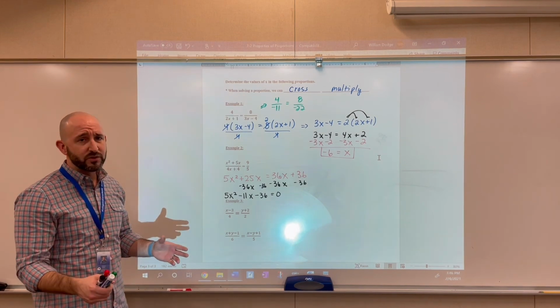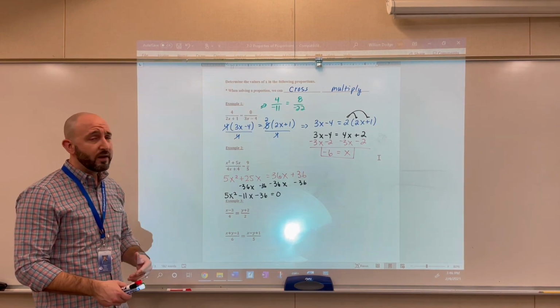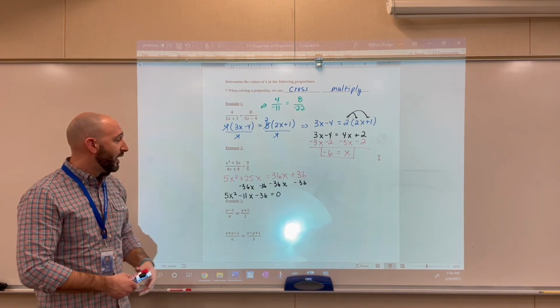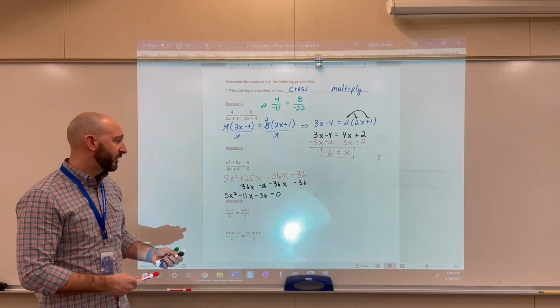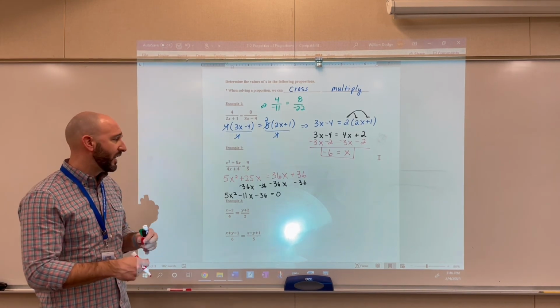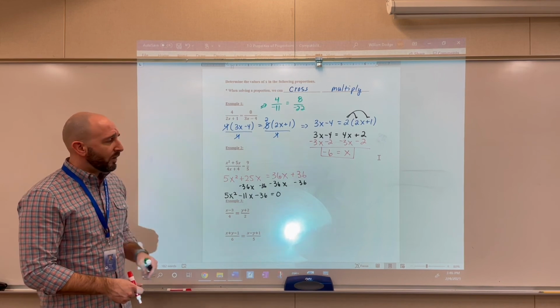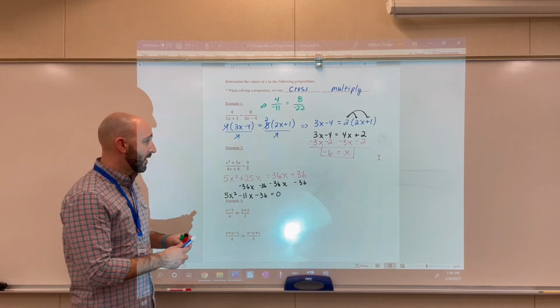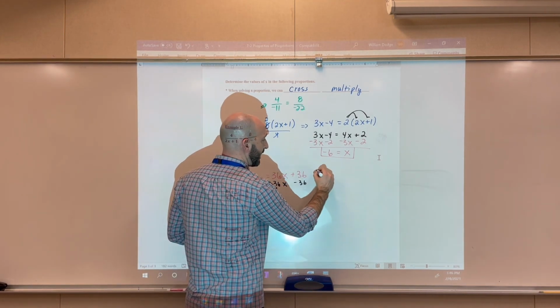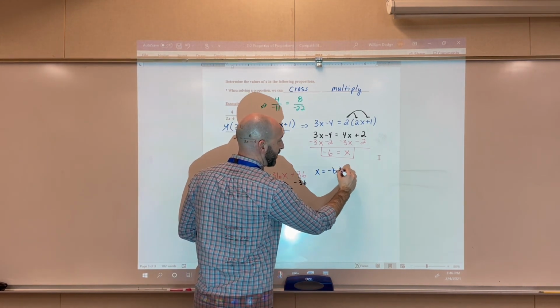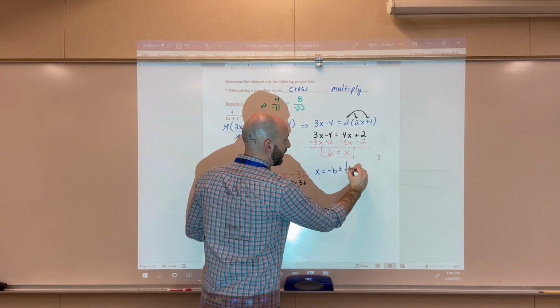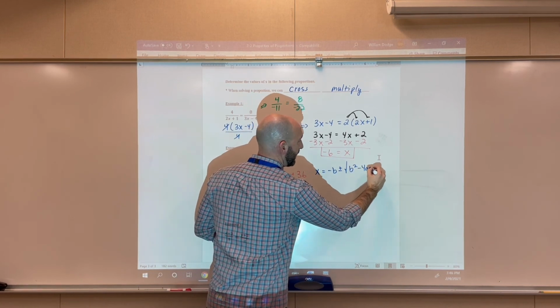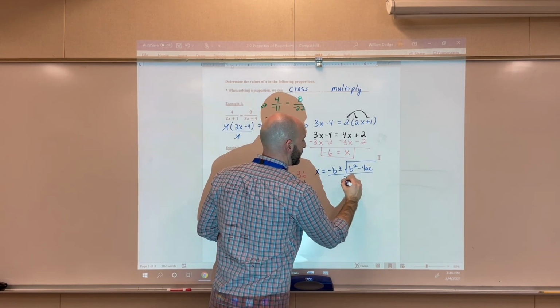What I'm going to choose to do here, though, is to apply the quadratic formula instead of trying to factor this. Like I said, I think it will factor pretty nicely, but again, we'll just use the quadratic formula to try and save some time here. So the quadratic formula is x equals negative b plus or minus the square root of b squared minus 4ac all over 2a.